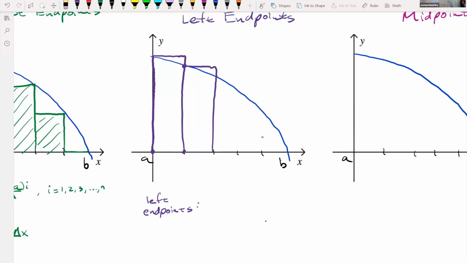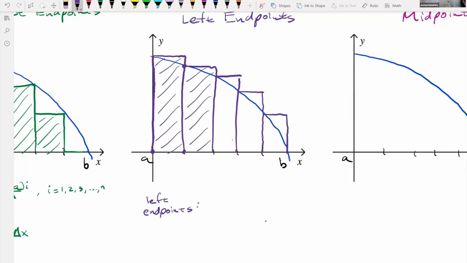And then we do the same thing on the next one. We're using the left endpoint on the third interval, and we get a rectangle that looks like that, and another one like that, and one more like that. And so there we get areas of rectangles using left endpoints of each of our intervals.